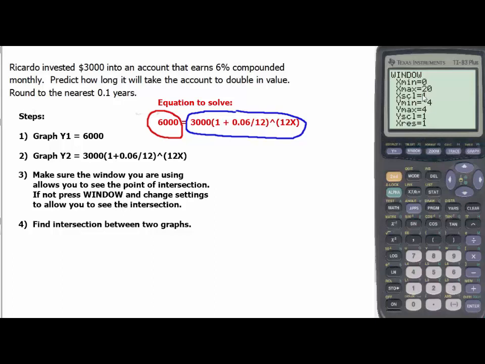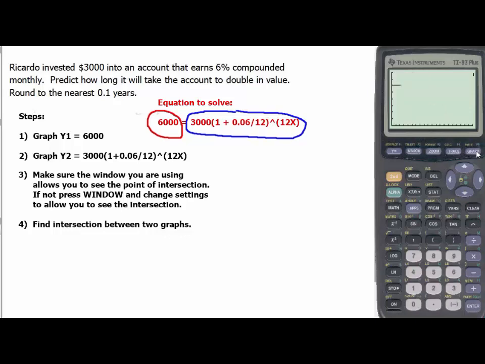In my x scale, this is how often I have tick marks on my x-axis, so that equals 1, that's fine. And my y-min, my minimum value, I'm going to put as 0, and I want to see above 6,000, so let's go up to 8,000. And my y-scale, if I have y-scale of 1, then it's going to be one solid tick mark on that y-axis, so let's do a y-scale of 1,000. So I have my window all set.